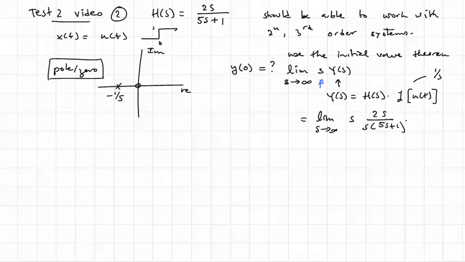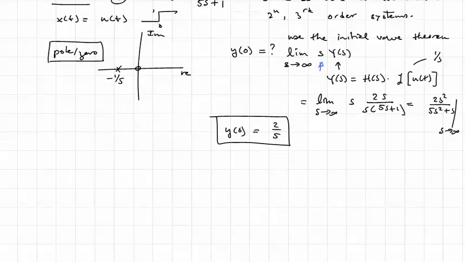Okay, so we'll end up now with 2s squared over 5s squared plus s, and then we'll let s go to infinity. Right? And then we see here that it's going to go to 2/5. Okay, initial value of y will be 2/5.